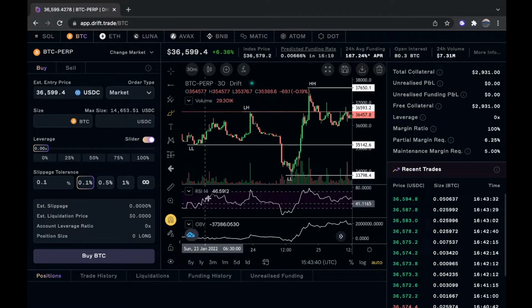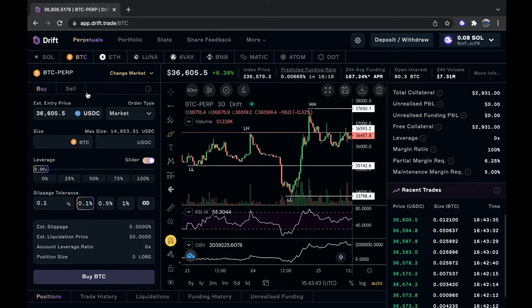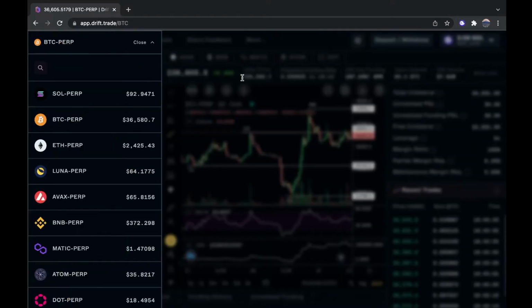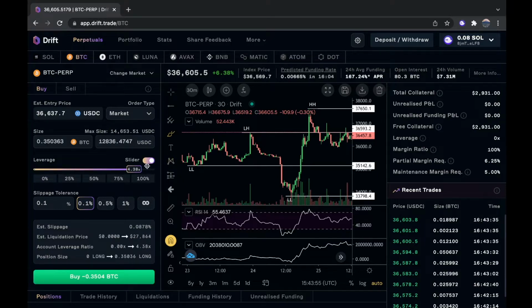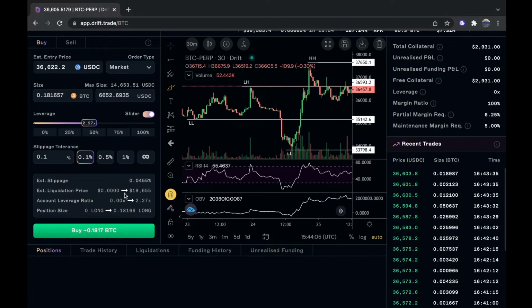This is like TradingView. And then here you can place your orders, so you can select your market, and for now there are only market orders, but soon there will be limit orders. And your leverage slider, so you can go up to 5x leverage right here, and then the slippage tolerance, because Drift actually uses a virtual AMM.